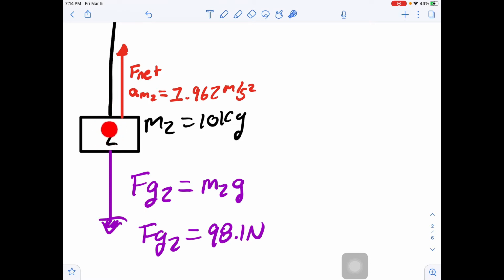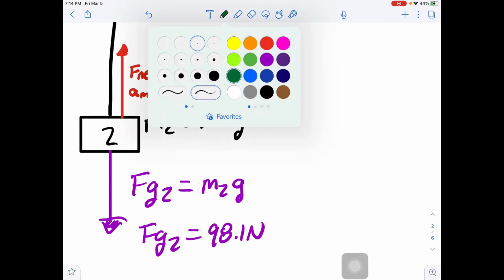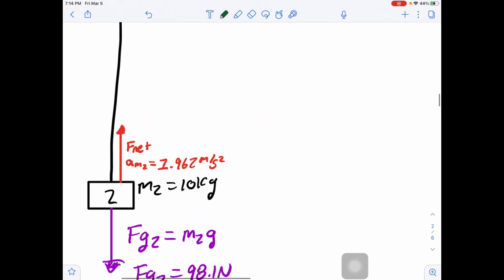So currently with my diagram, my net force should be my gravitational force, but it's not because my net force is going up. Well, if we're just focusing on mass 2 with the rope, then we can say the rope is the thing pulling on mass 2 to cause it to go upwards. And that would be the tension. So the tension is causing my mass 2 to have a net force upwards.